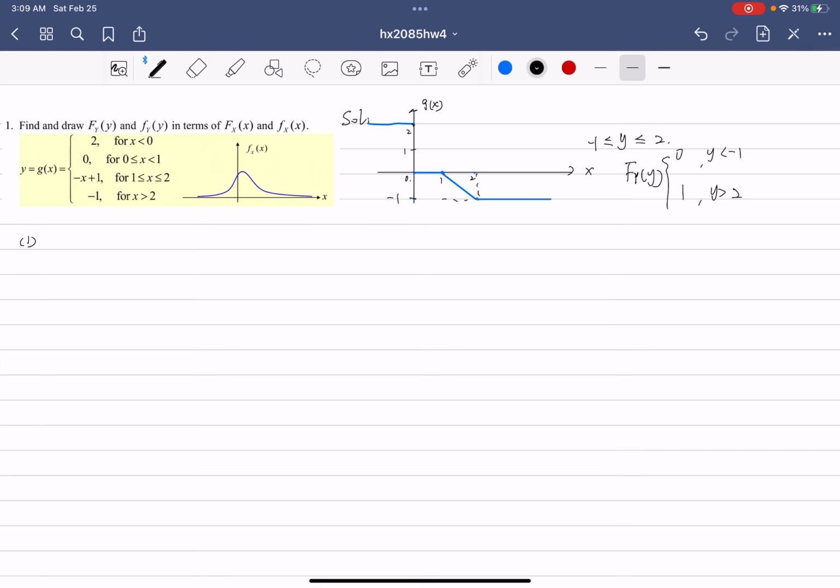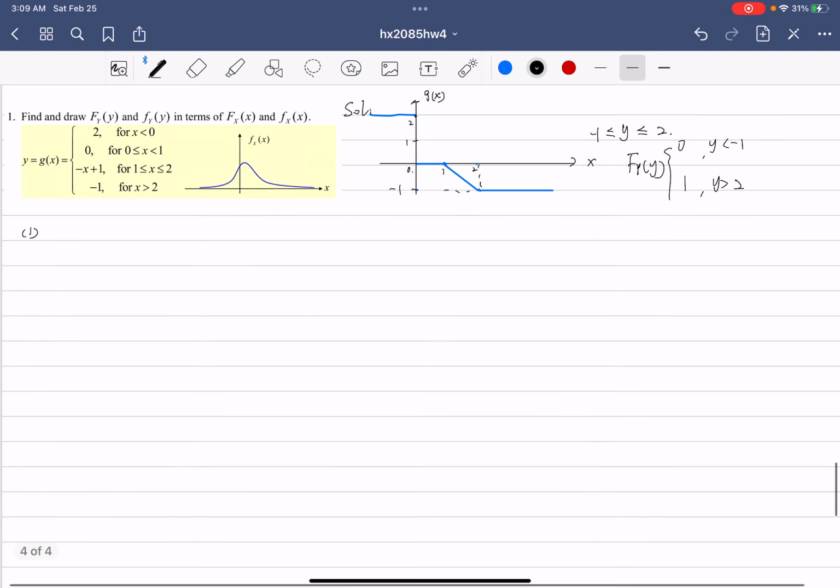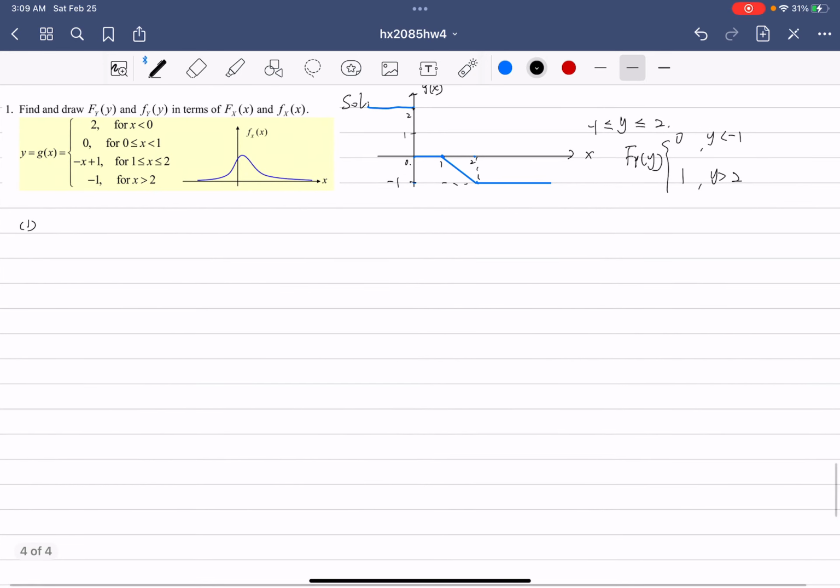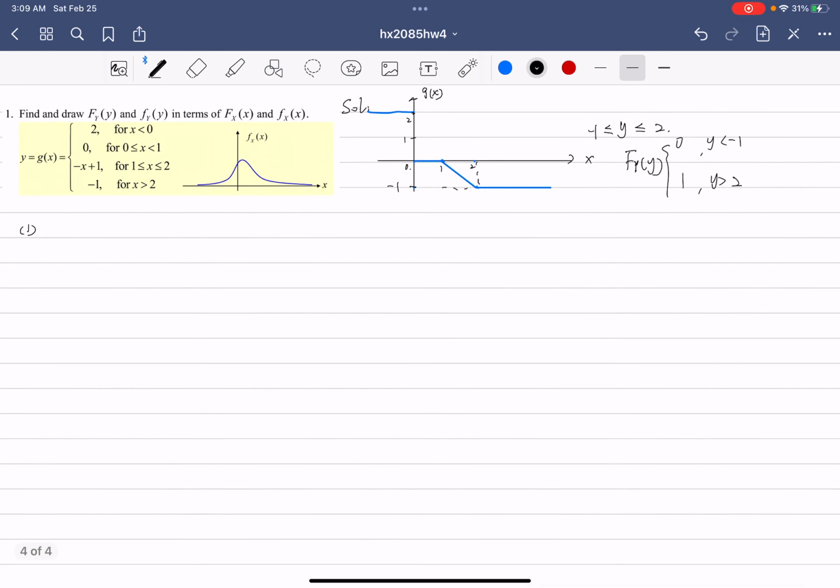When y is in the range of negative 1 and 2, we have several conditions. The first one is y equal to minus 1.